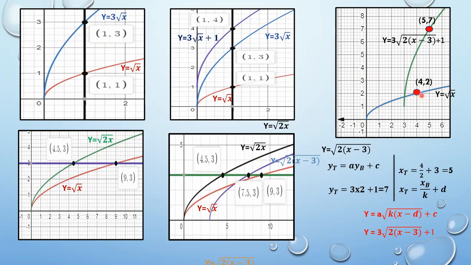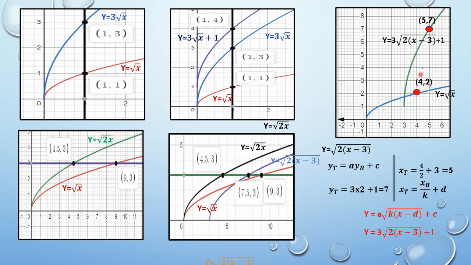So we originally selected this point 1, 1. But here also 1, 1. But here 4, 2. Never mind. You can choose 1, 1 also here. But I chose here 4, 2 for you to understand clearly. Square root of 4 is 2. So this is the basic function.